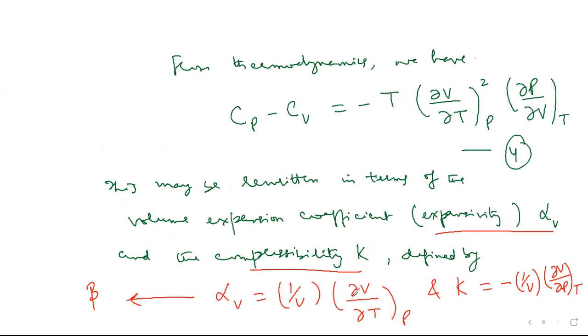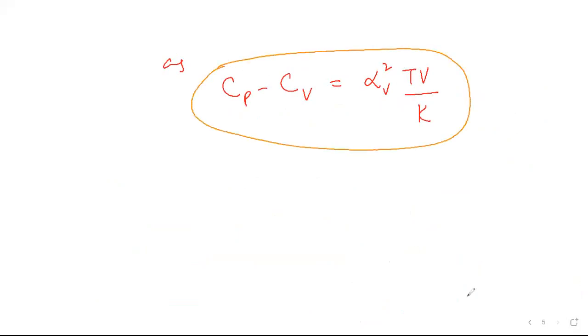So when we use these definitions of alpha V and K in equation 4, we can write equation 4 as Cp minus Cv is equal to alpha V square V T by K. Let me encircle it and name it.